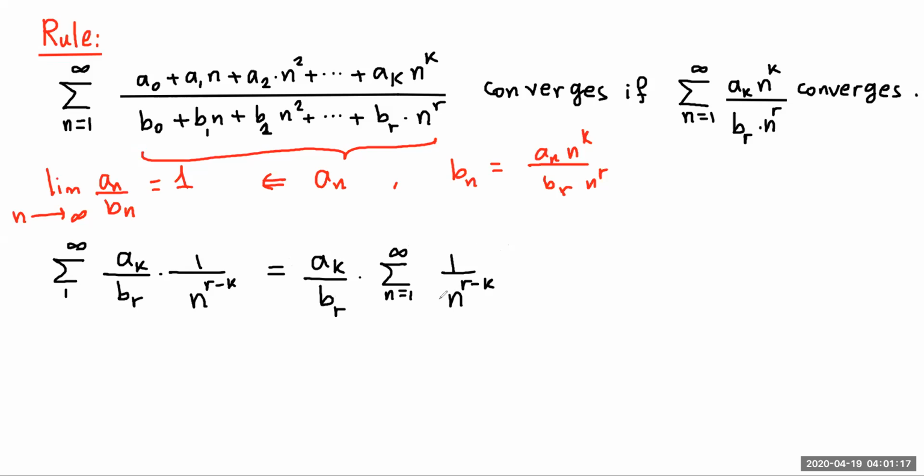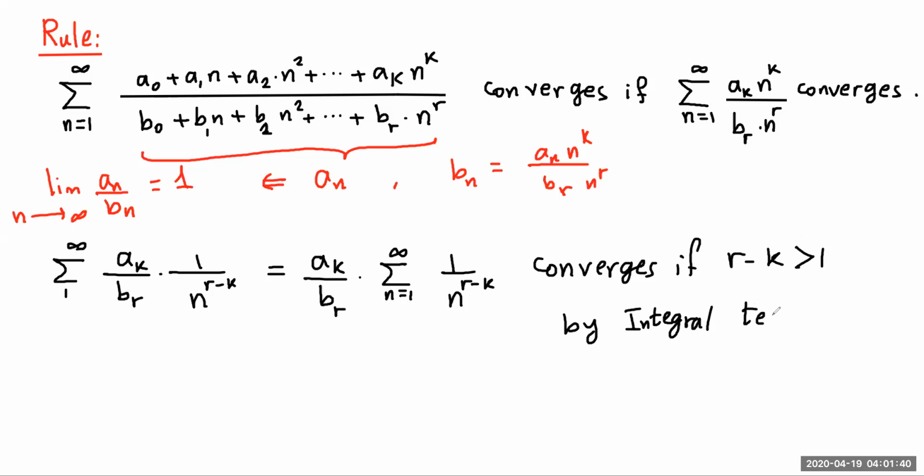Okay, now this converges if r minus k is bigger than 1. Why? By the integral test.